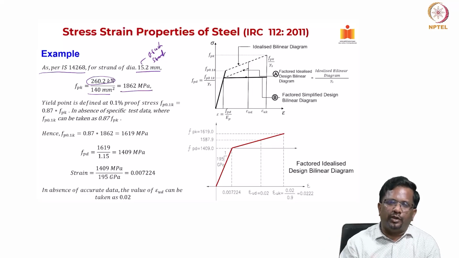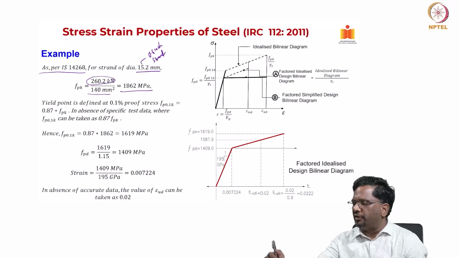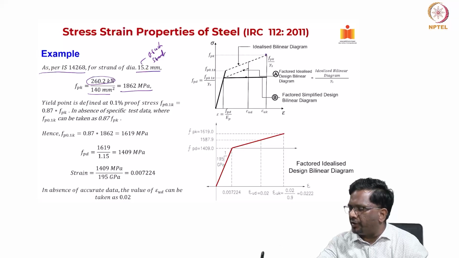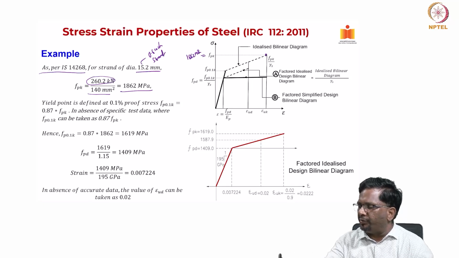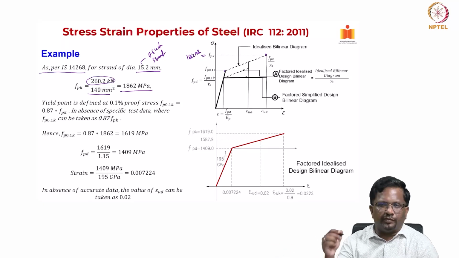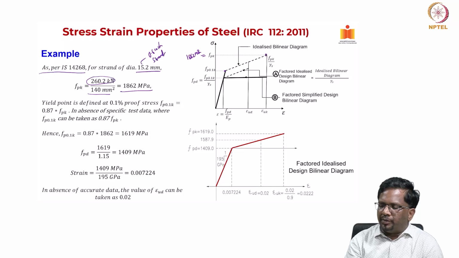This is your ultimate strength. Now what is yield strength? This is your FPK, which is 1862 in this case. Now what is FP.1K? That we have already discussed, which is your yield strength. How do you get it? The yield point is typically taken as 0.1% proof stress.